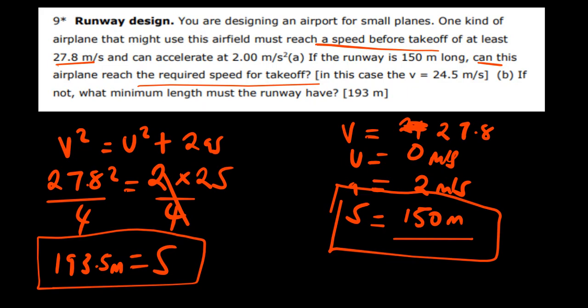Then the second question B: if not, what minimum length must the runaway have? So to find the minimum length of the runaway required for the plane to reach the required speed, we've already found it's the same 193 point 5 meters, because that's the minimum.